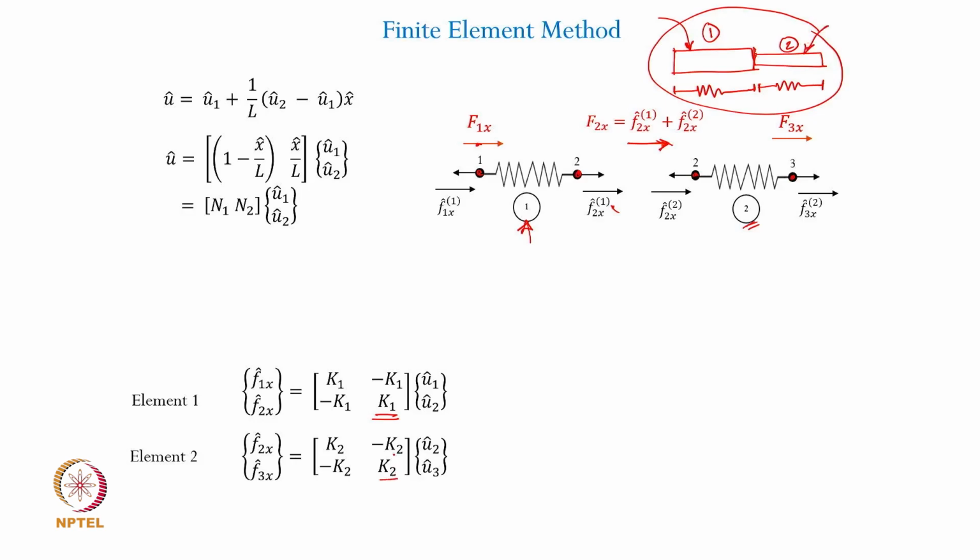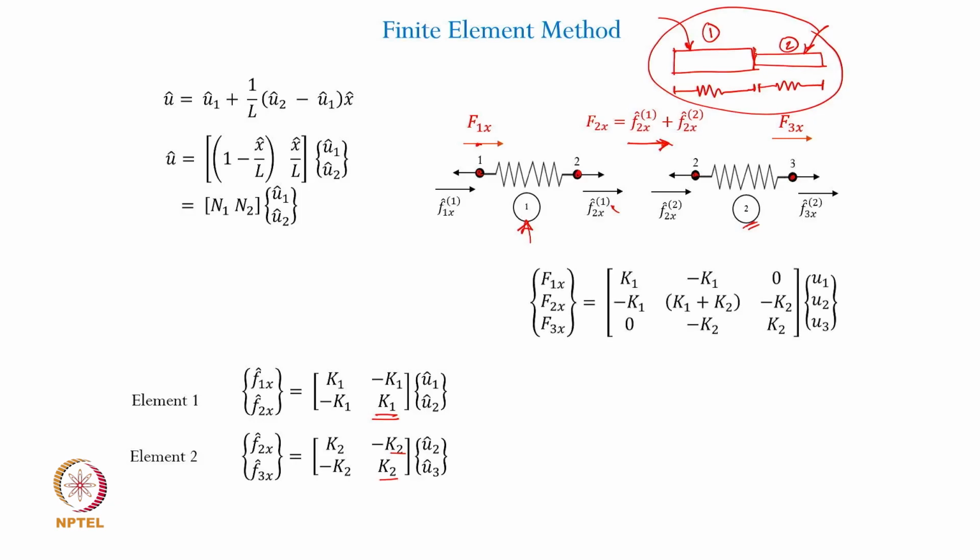So therefore you have K2 defining the stiffness of the second segment or second finite element. Once this is done and we have the relationship of F1x, F2x and F3x, we can now define the relationship between the global forces and the global displacements at each of the node positions given by this, by assembling them together.